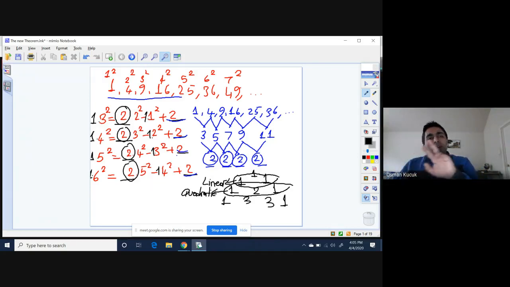When you look at the coefficients horizontally now, 1, 2, 1, 1, 2, 1, 1, 2, 1. The coefficients are 1, 2, and 1. That's because that sequence is quadratic. So as a result, the coefficient 2 is coming from Pascal's triangle, and the constant 2 is coming from the common difference 2 between the perfect squares.